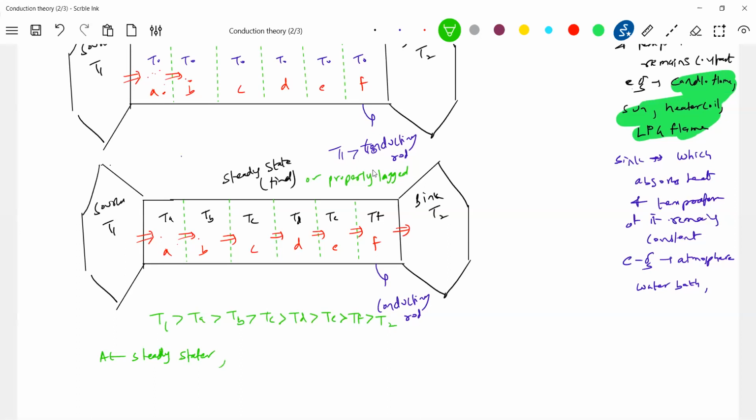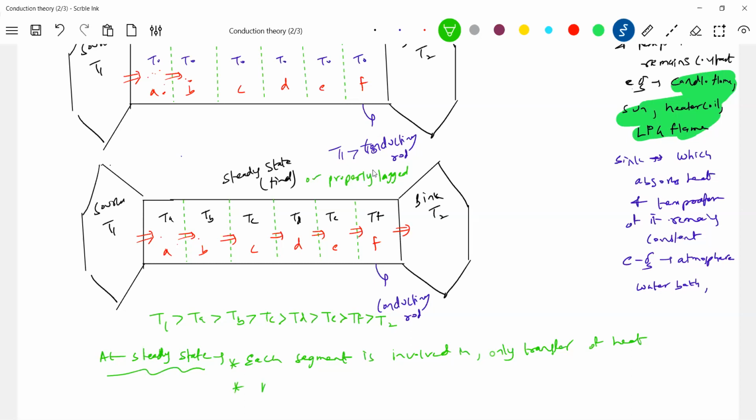At steady state, each segment is involved in only transfer of heat. Next, the first point, we'll put it like this.